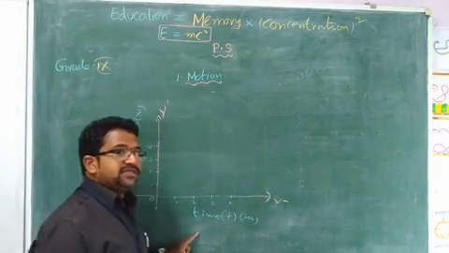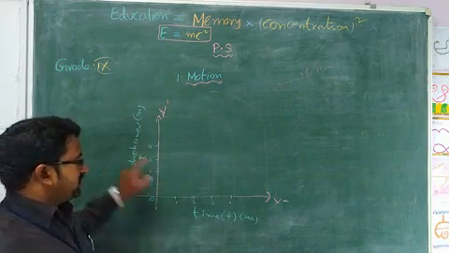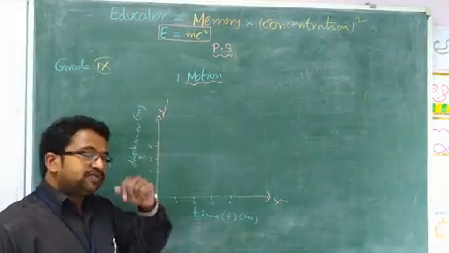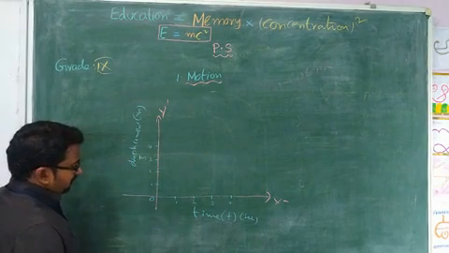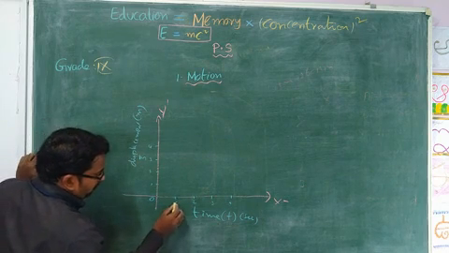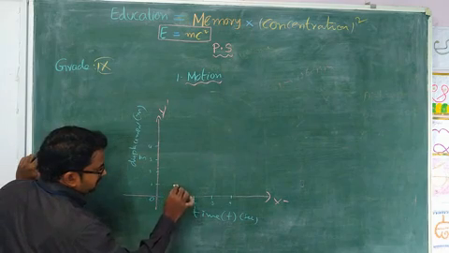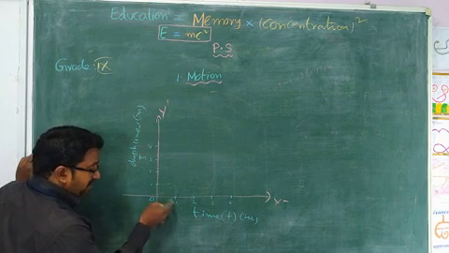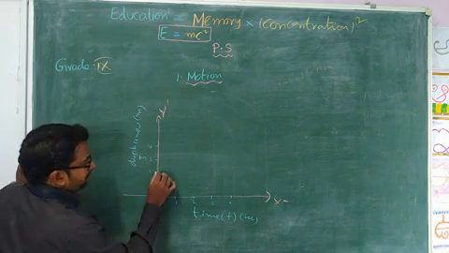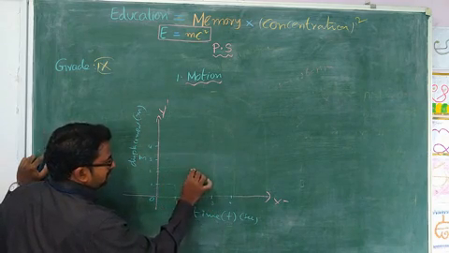Displacement versus time is velocity. If I take distance versus time, speed will come, right? So if it covers in the first second, 1 meter. In the second second, it covers 2.